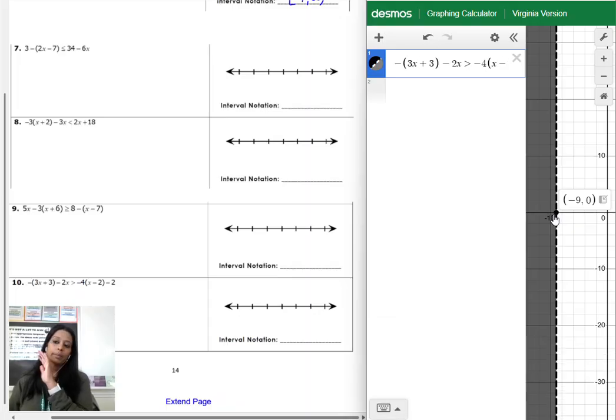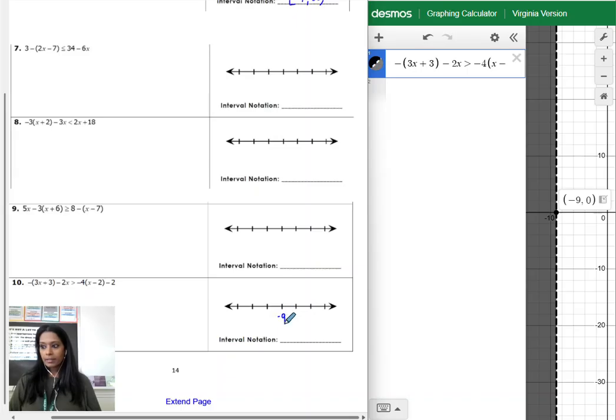Okay, so let me translate that answer that Desmos gave me and then put it on here. So this goes from negative 9. It says open circle because it's not equal to. And it's going off to the left, it's going off to negative infinity. So it goes from negative infinity until negative 9.